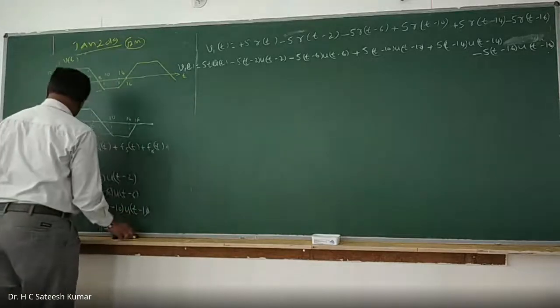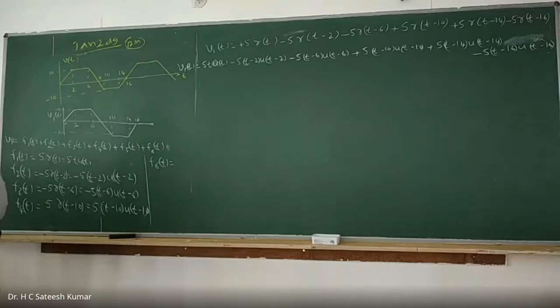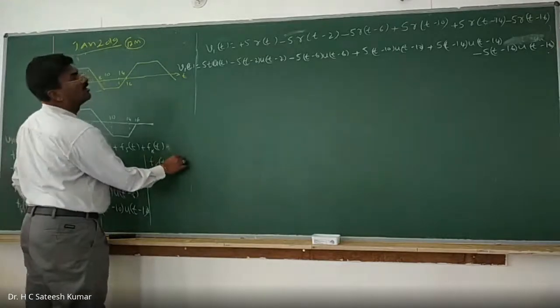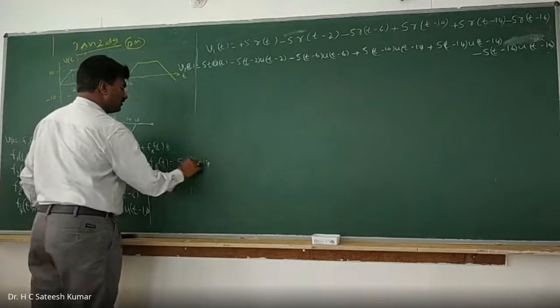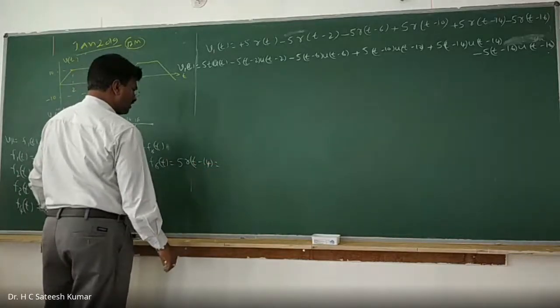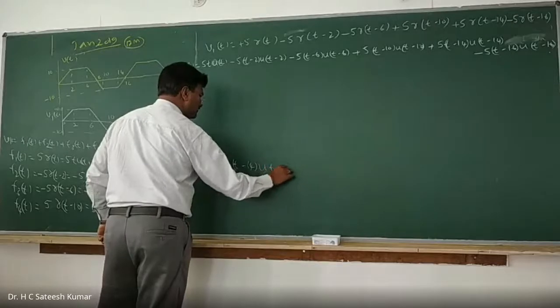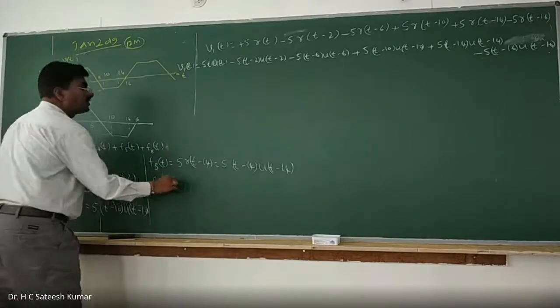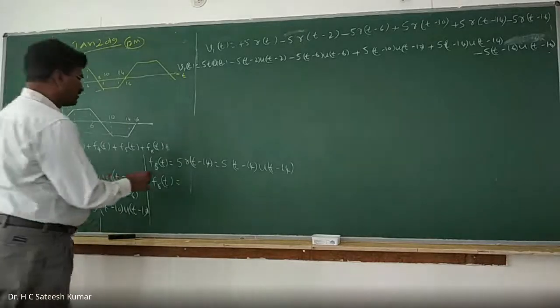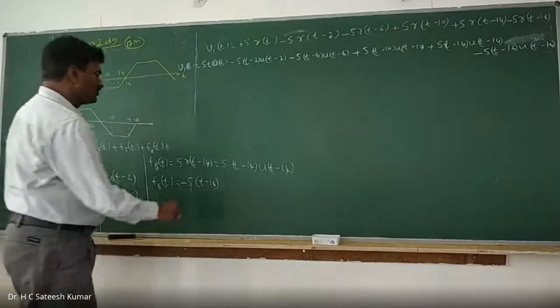And similarly, f5 of t is equal to 5 r of t minus 14, which is nothing but 5 into t minus 14 into u of t minus 14. f6 of t is equal to minus 5 into t minus 16 into u of t minus 16.